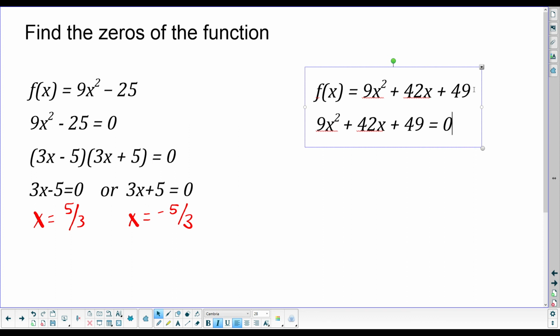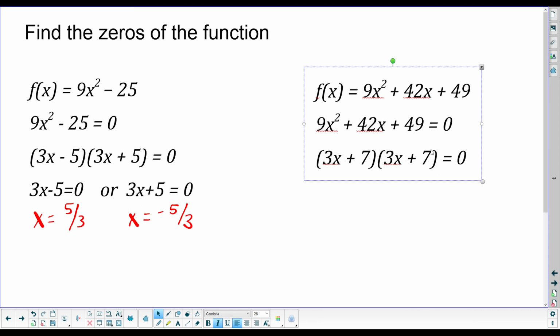Okay. So I know that that's a perfect square polynomial, right? It's a perfect square quadratic. Since I have a 3x squared here and a 7 squared here. And when I multiply those together and I double it, I get 42. So I know that this is 3x plus 7 times 3x plus 7. Okay.